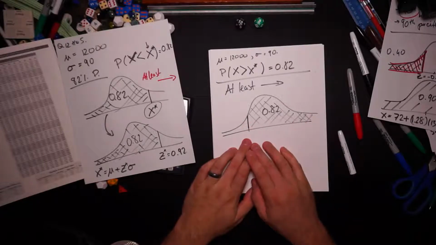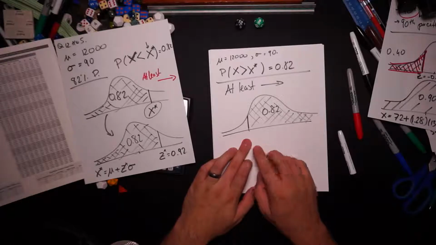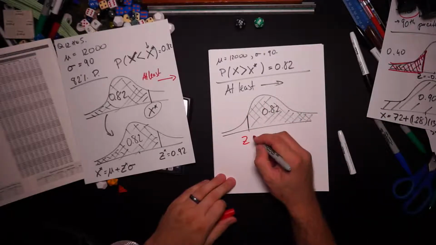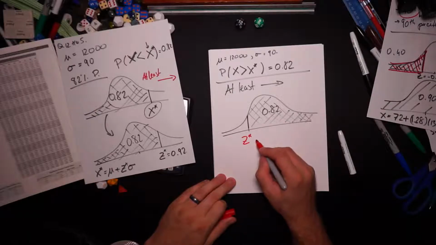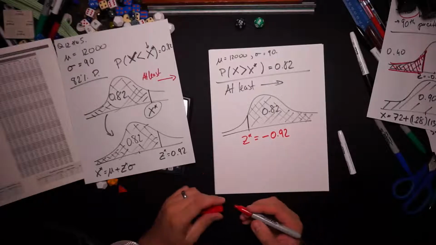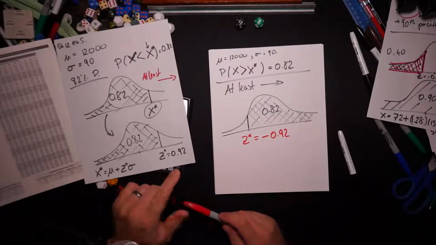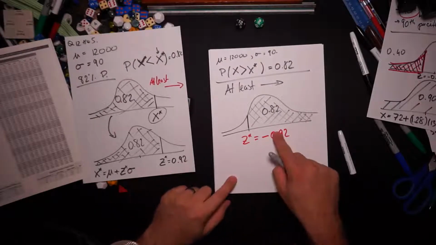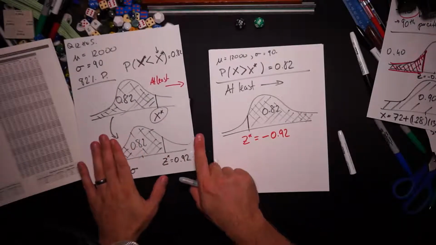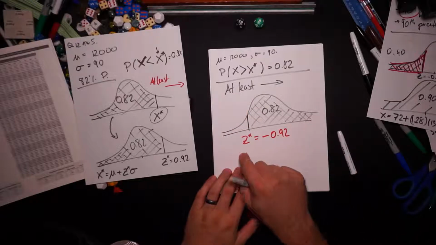So if 98% of tires will be at least that long, well, this is the at least part. So this is our z-score, and in that case, this is going to be negative 0.92. How do I know it's negative 0.92 rather than anything else? Well, because it's symmetric. If 82% is here, then if we move it here, the z-score is just going to flip.